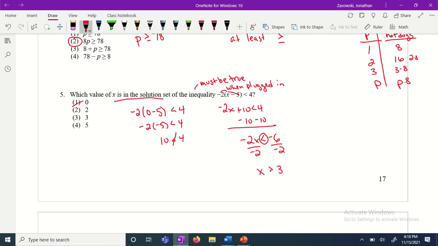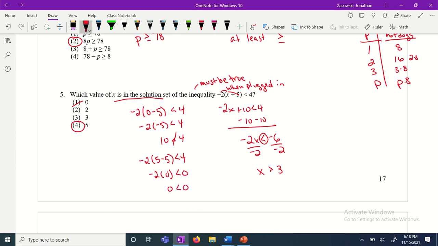So which of these numbers is greater than 3? Don't pick 3. That's not greater than. It's equal to. So it's got to be 5. And notice if you plug it in, -2 times 5 minus 5, is that less than 4? Well, this is really -2 times 0, which is 0.